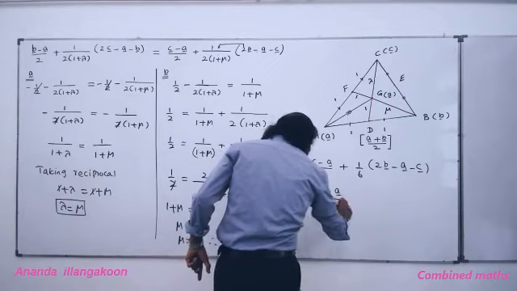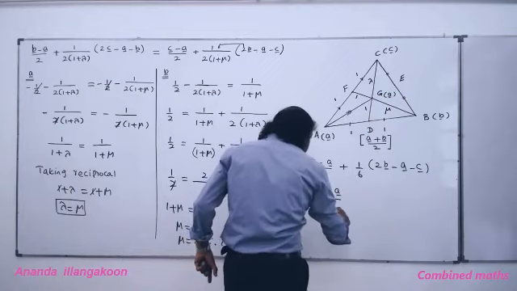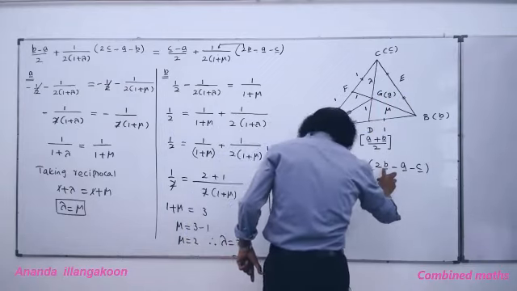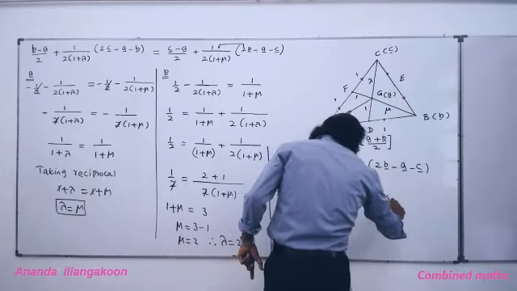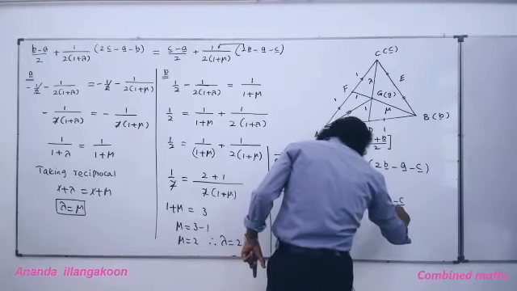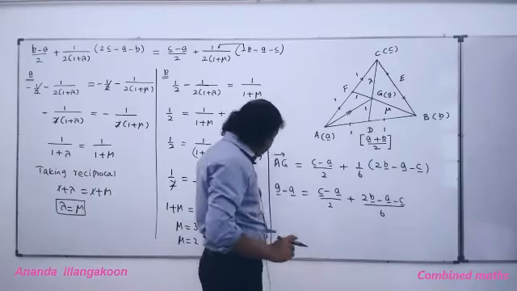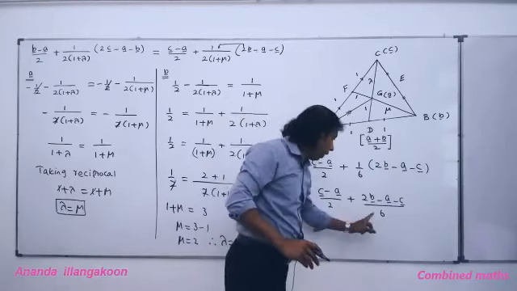C minus A by 2 plus this one. Simplify this, people: 2b minus A minus C by 6. Bring this A to the right hand side and simplify.